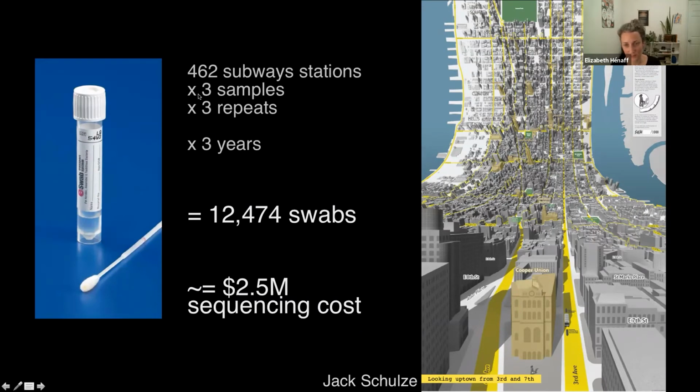And so we take 3 samples each for biological replicates, and then we take 3 samples, repeat that 3 times for technical replicates, and we did that for 3 years. So we ended up with 12,000 odd swabs, which cost us about $2.5 million in sequencing costs. And so that made us realize that we really needed a different kind of instrument to conduct studies at this scale.